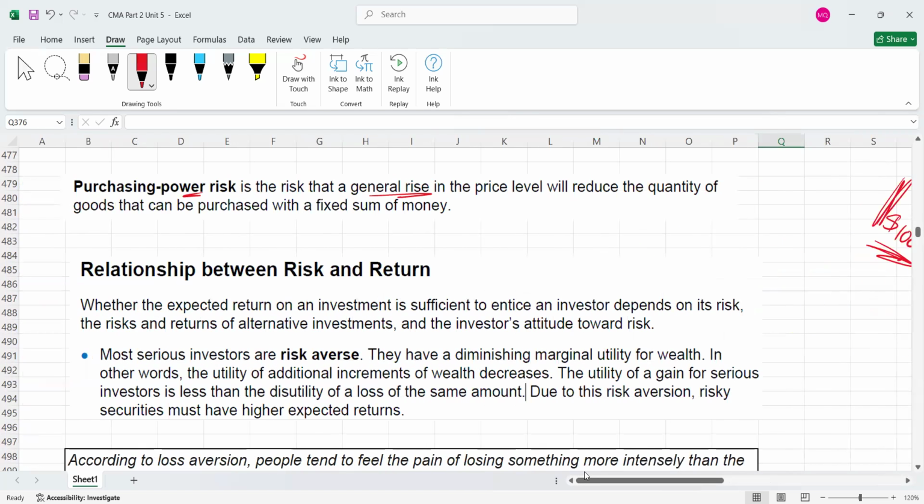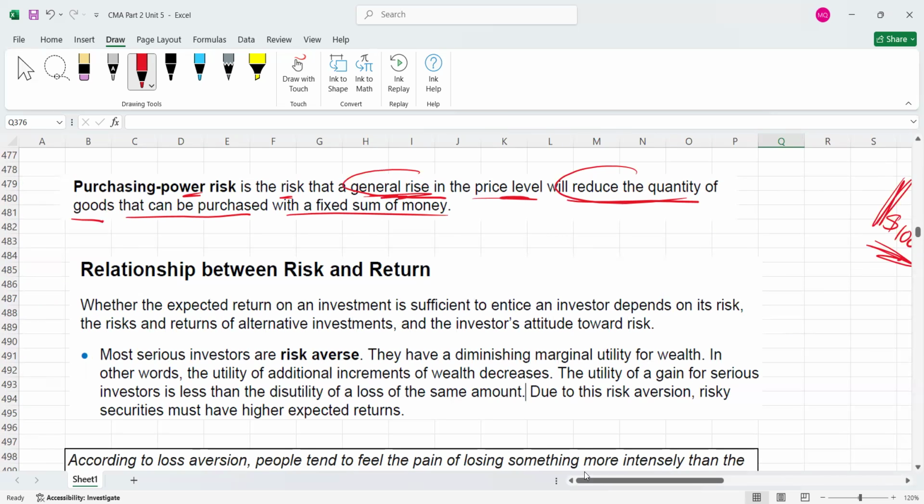Simply, purchasing power risk is the risk that a general rise in the price level, like an increase in prices, will reduce the quantity of goods that can be purchased with a fixed sum of money. So once prices increase, automatically you will buy less quantity of the product by spending the same amount. That is purchasing power risk.